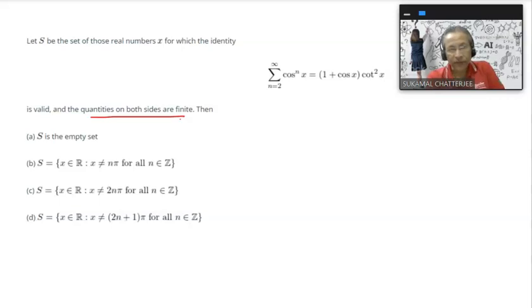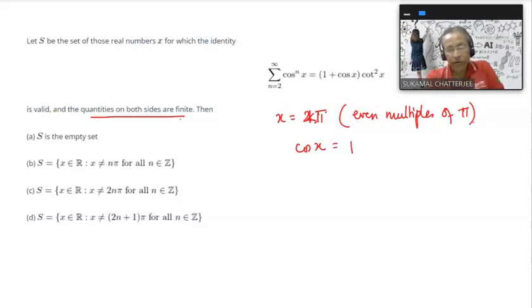So if I put x equal to 2k pi, that means even multiples of pi, then cos x will be equal to 1.